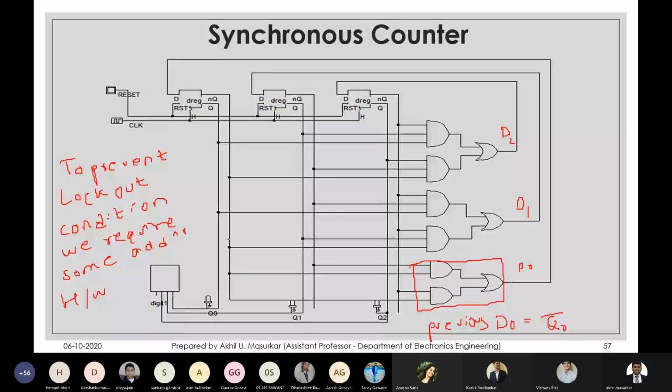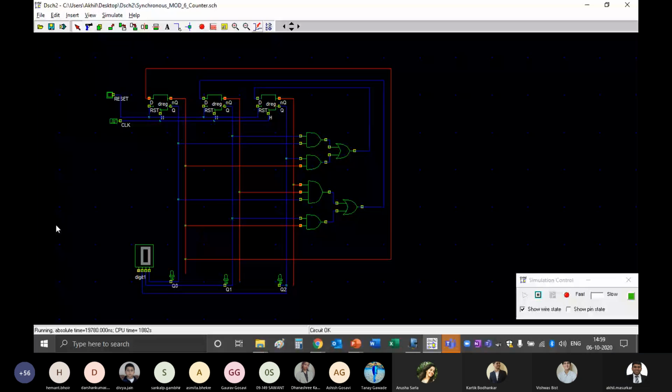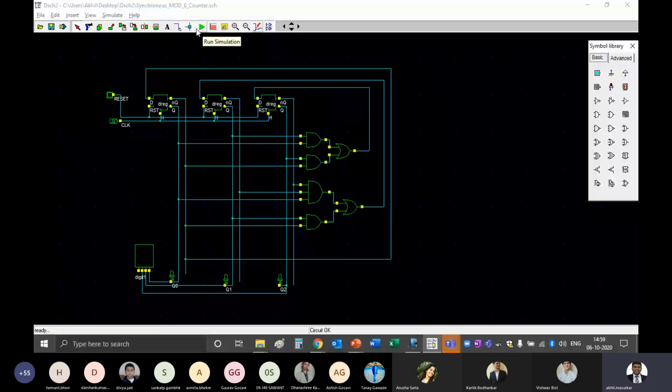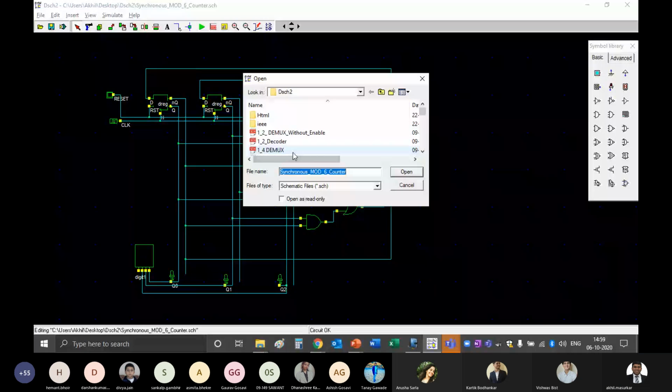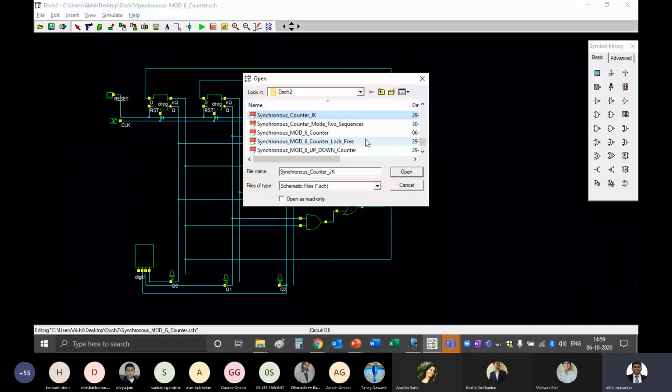Now this counter should also count from 0 to 5 only. So we should be able to see the same thing, but now we have accounted for the lockout condition. I will just go back to the simulator. Let me open synchronous mod 6 lock free.